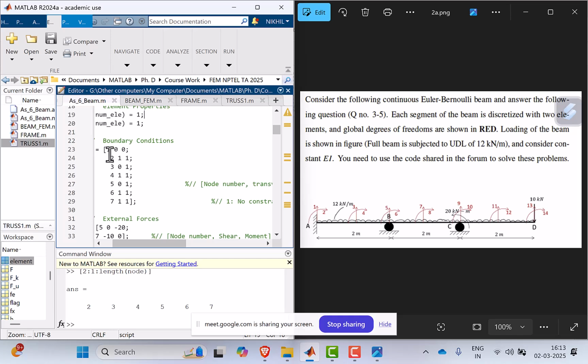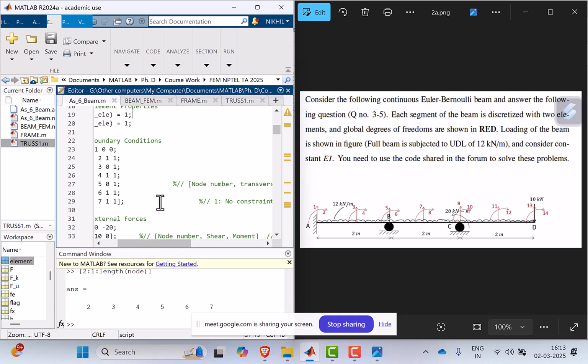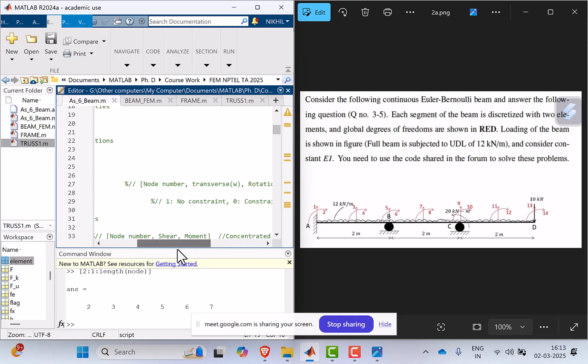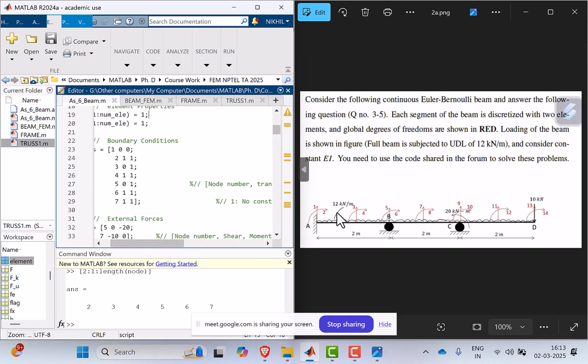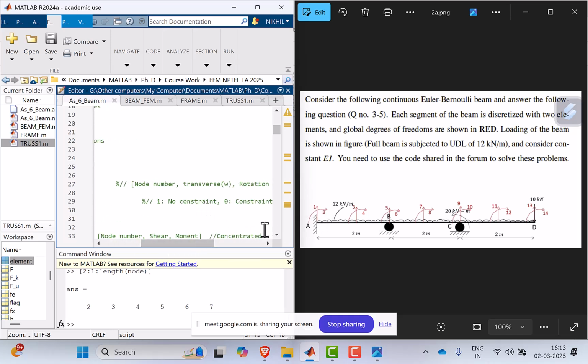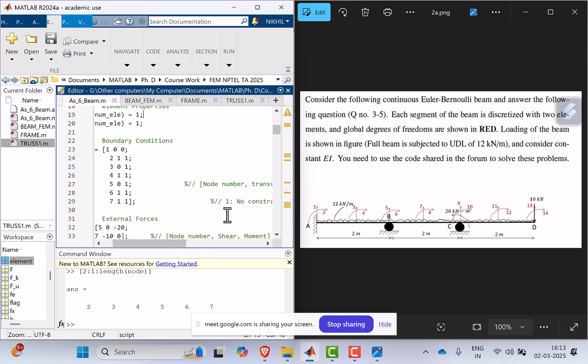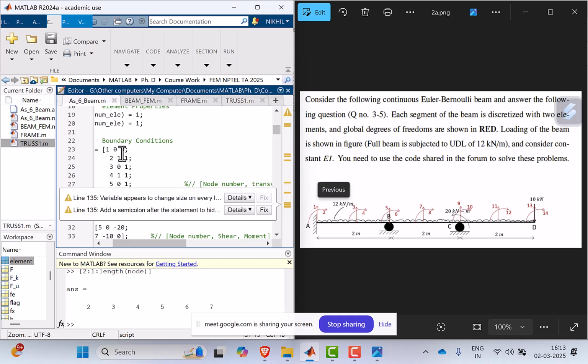The first is the node number, which is 1 2 3 4 5 6 7, and for that, if you see the code, the first term is the transverse boundary condition and the second is theta. 1 means no constraint, and 0 means the degree of freedom is constrained. So at the first node, w is constrained, so it is 0. Moment is constrained due to the fixed support, so it is 0.